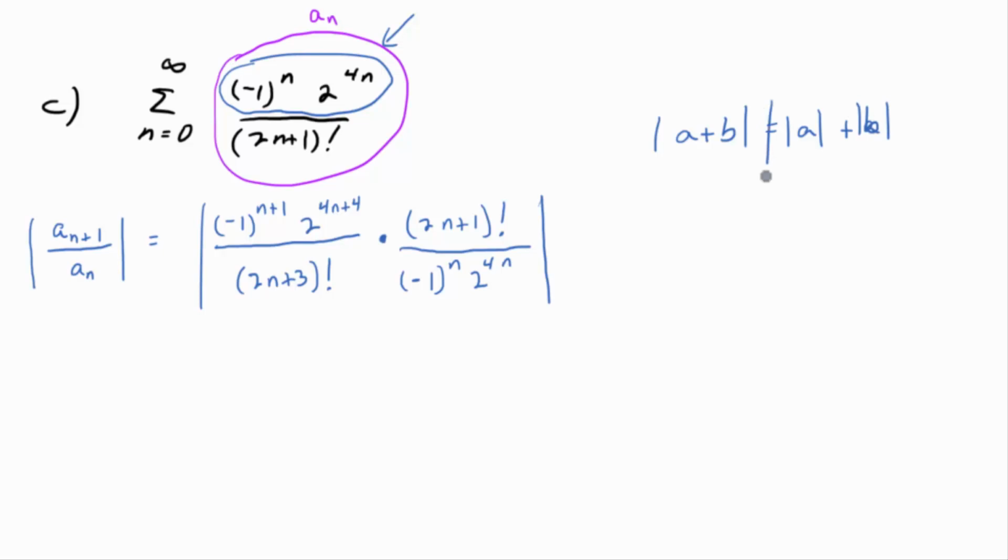It's not true. You could write that down with the not equal to. But it is true if the operation is times, the absolute value of a times b. That is true, or change this to division, and it's still true.